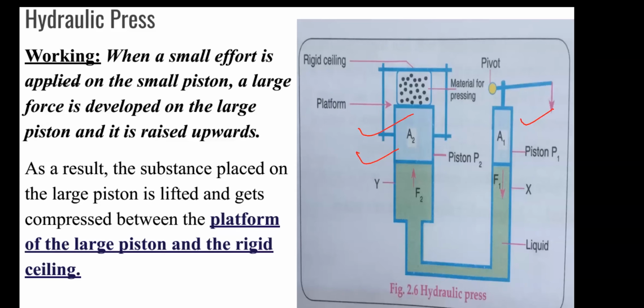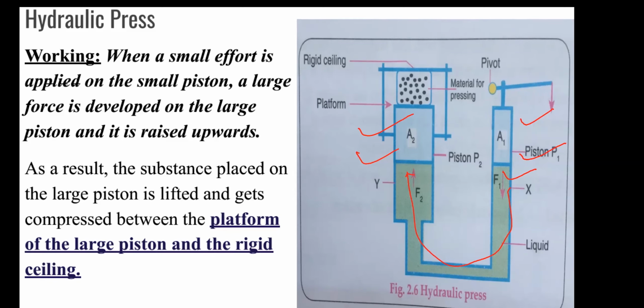The force applied here produces pressure on the piston P1, the small piston. It transmits to the big piston, P2, and that makes that piston move upward, which also moves the object towards the ceiling. When the object remains in between the ceiling and the piston, or platform, it will be compressed, crushed, broken, or changed in shape.